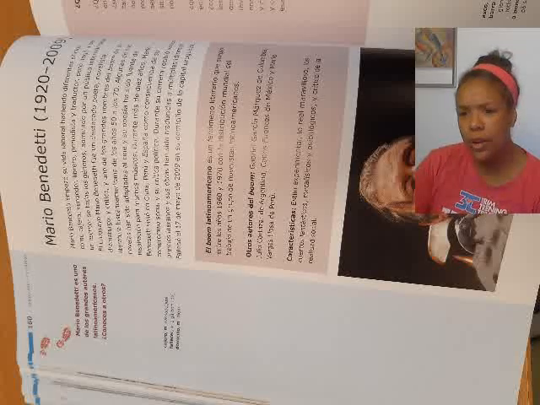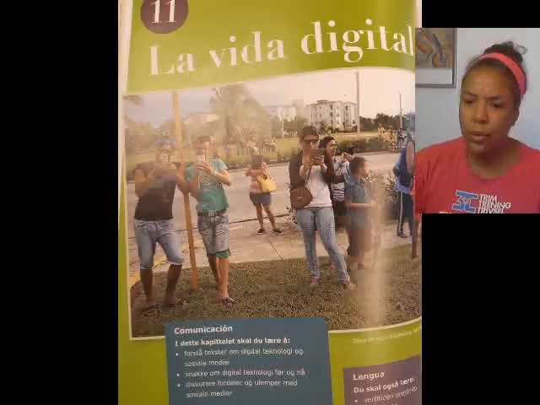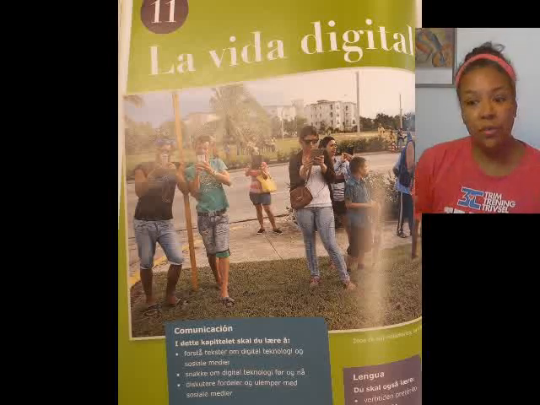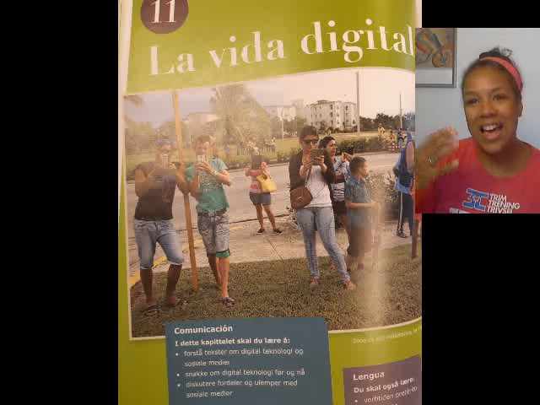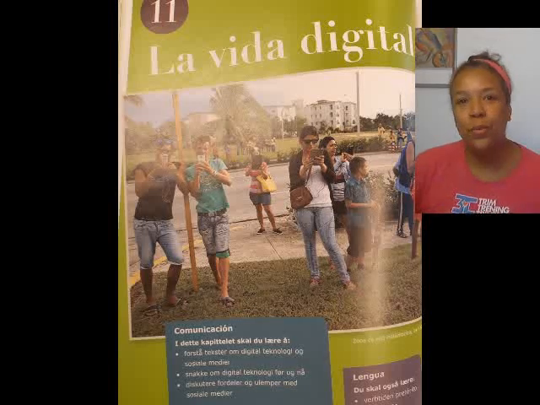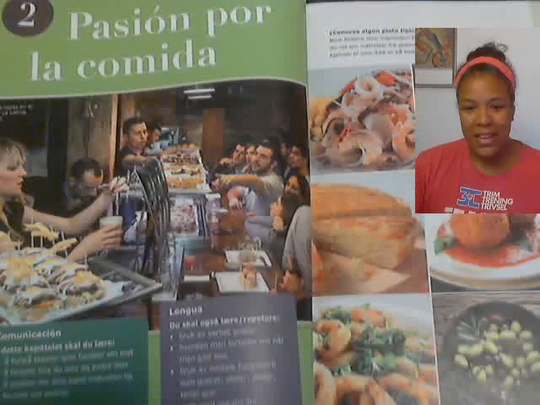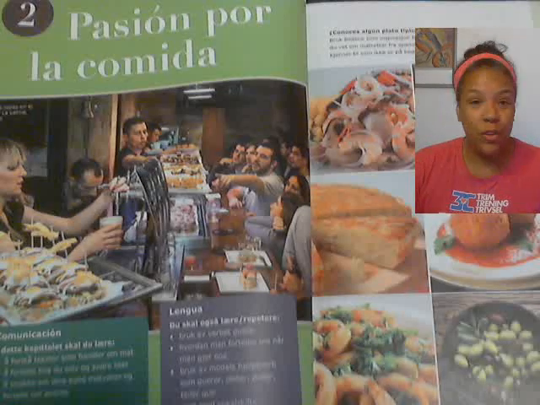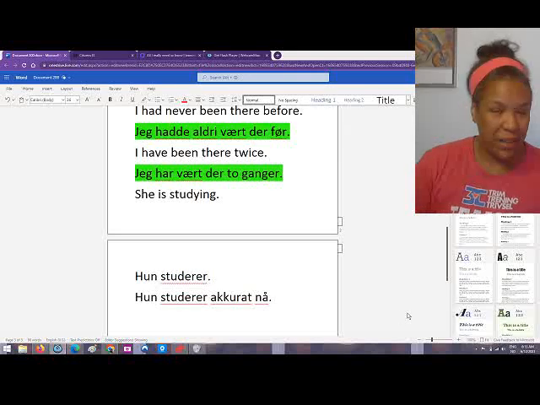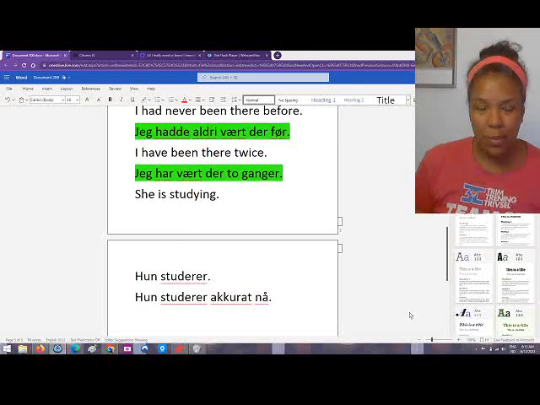I see a lot of Norwegians who don't see the difference between I am eating and I eat. What is the difference? The main difference is, and if you think about it this way, it will be easy for you to keep it in mind.